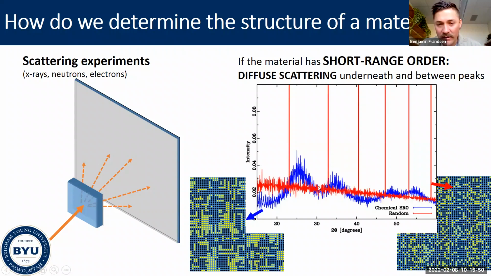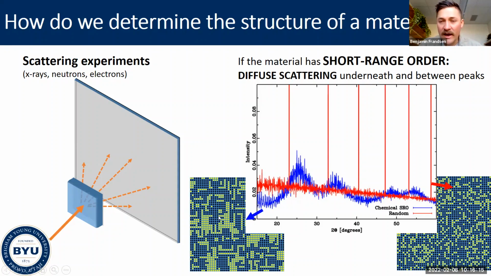So this blue curve here is the calculated scattering pattern from our alloy that has short range order, this tendency for like atoms to cluster together, compared to the red diffraction pattern here from this completely randomly ordered alloy. And this diffuse scattering contains the information about the short range correlations in this alloy.